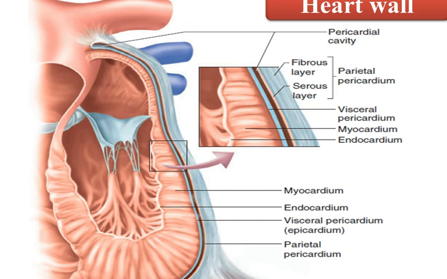And this sac contains the pericardial fluid. So this double sac, we call it the pericardium, and it contains the pericardial fluid in the pericardial cavity.